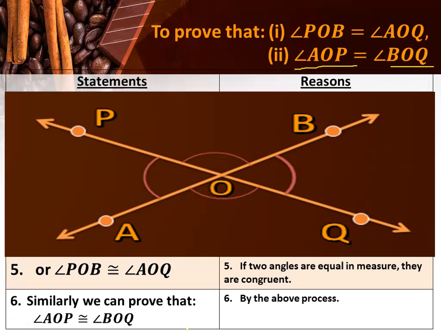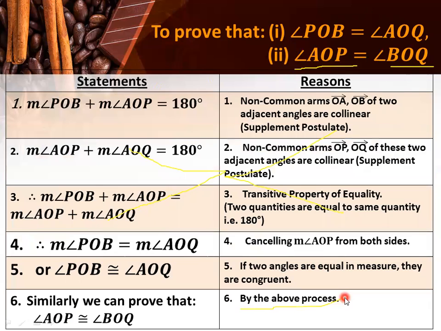With the help of the previous steps, you will prove that AOP is also equal to BOQ, by the above process. So basically this is the way to prove it. These are the steps of proving the given statements. I hope it is clear to all of you. Now move on to the next one.